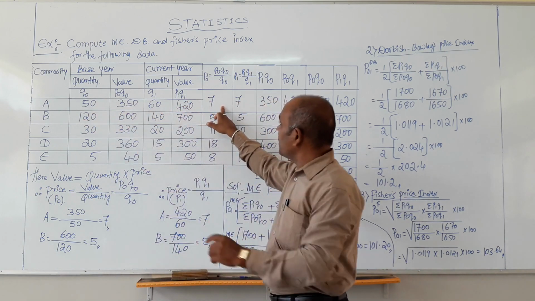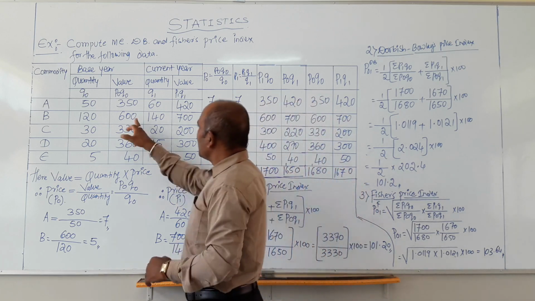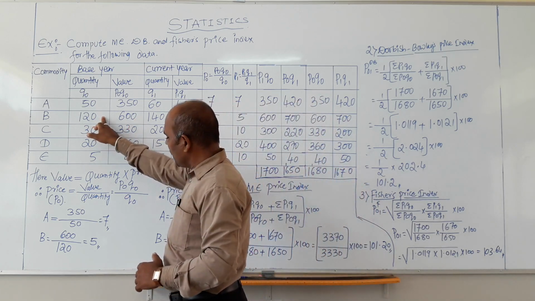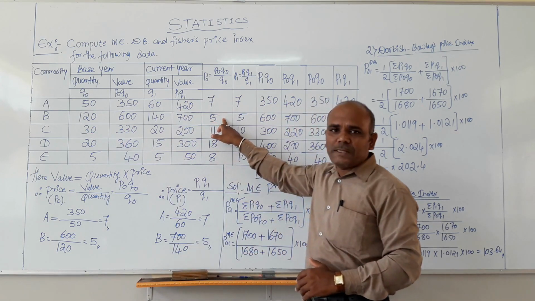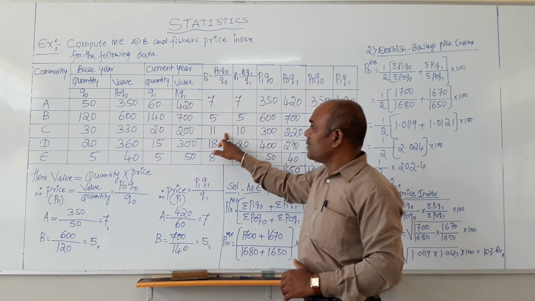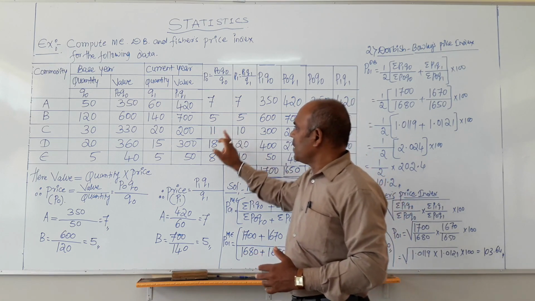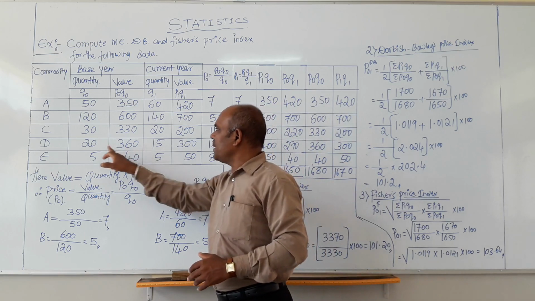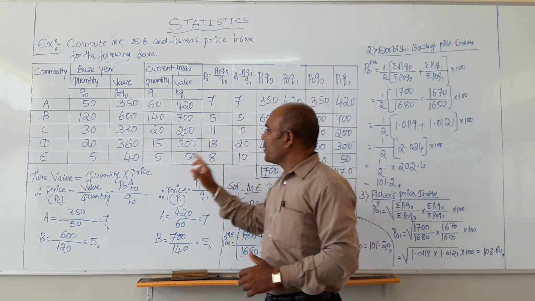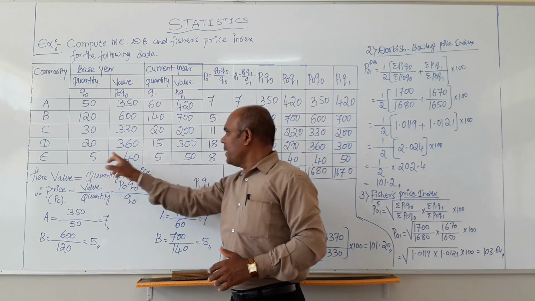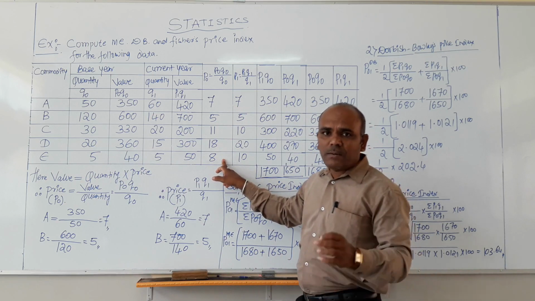Then 600 divided by 120 gives 5. Next, 330 divided by 30 gives 11. In the same manner, 360 divided by 20 gives 18, and 40 divided by 5 gives 8 rupees as the base year price.